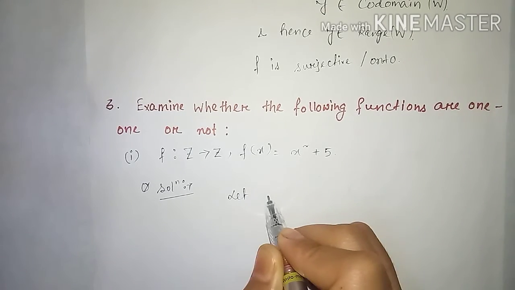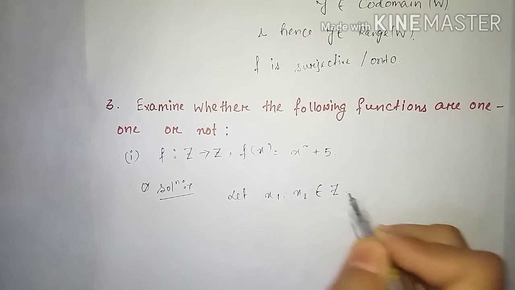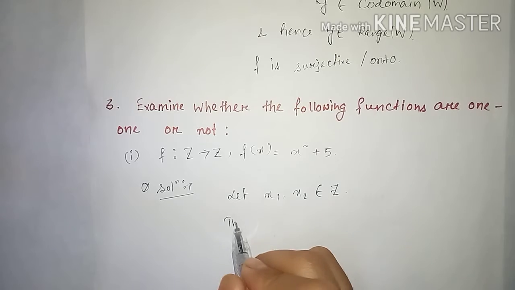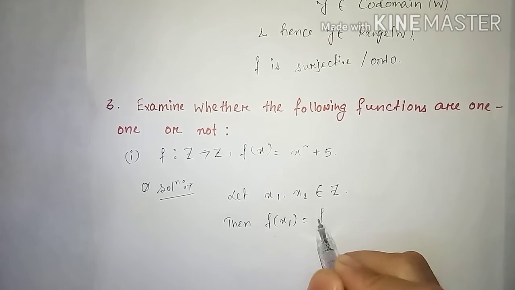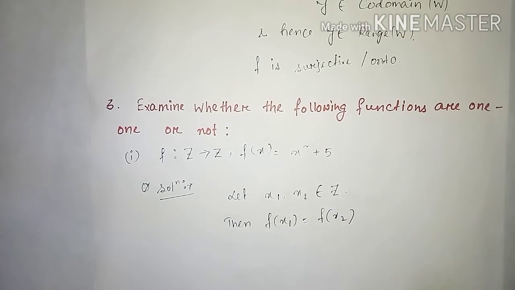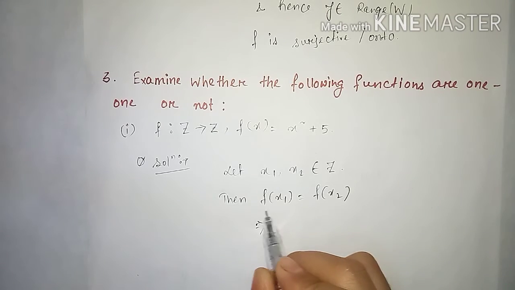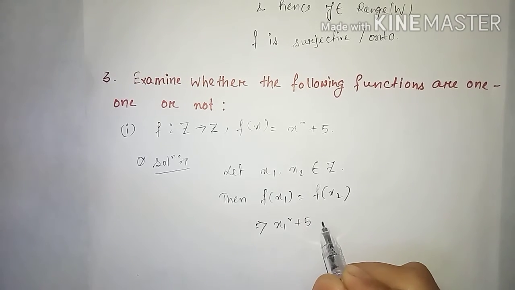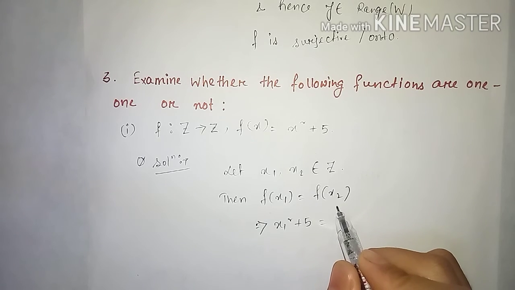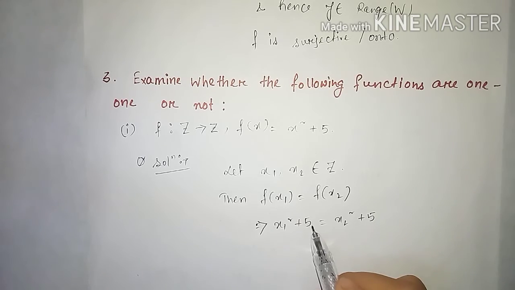Let us take two elements x1 and x2 belonging to the domain set Z. Then f of x1 equal f of x2. According to the definition, f of x1 equals x1 square plus 5, and f of x2 implies x2 square plus 5. This 5 cancels out.